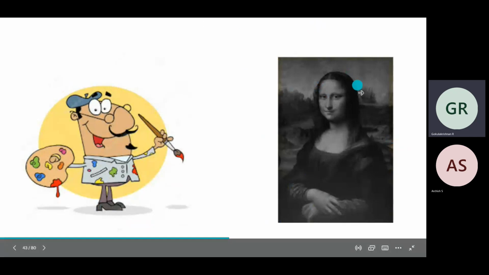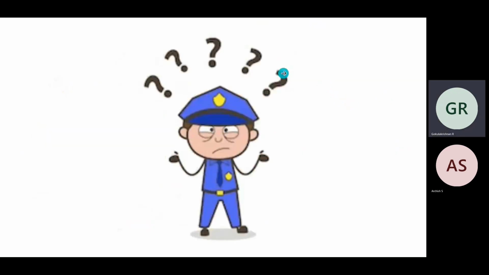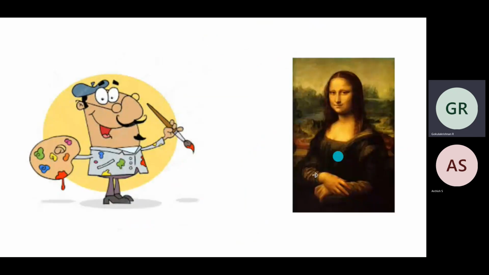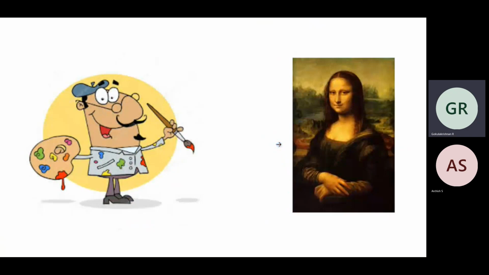So he makes a much better portrait. This is just a black and white image. The inspector is now confused, even more confused, in a dilemma. He still says no. So the artist goes and makes another portrait, which is pretty close.